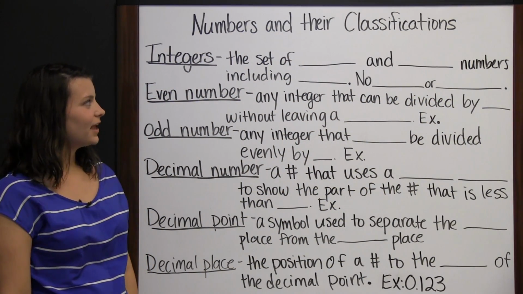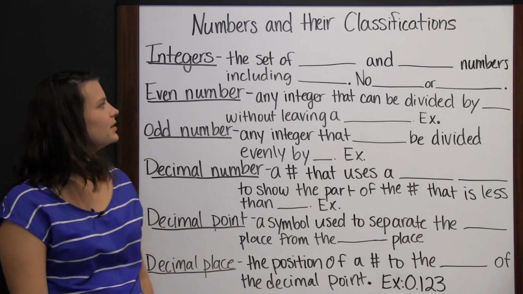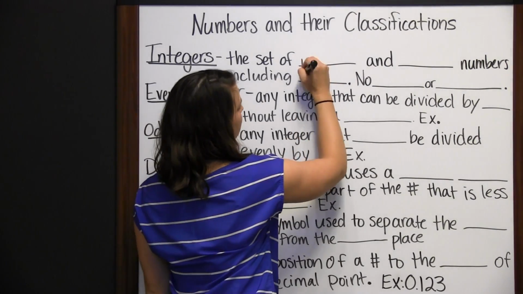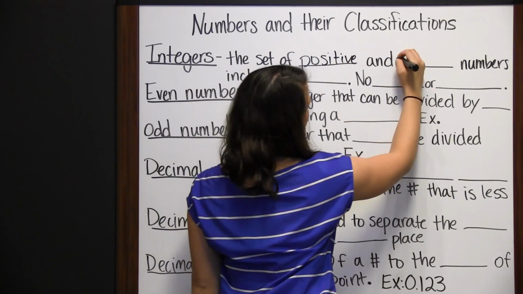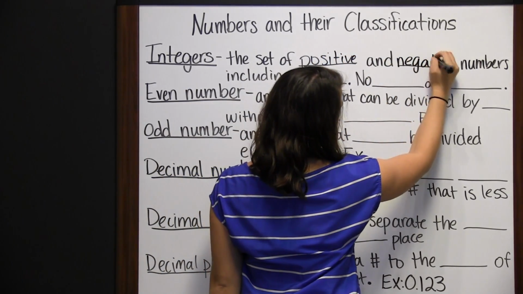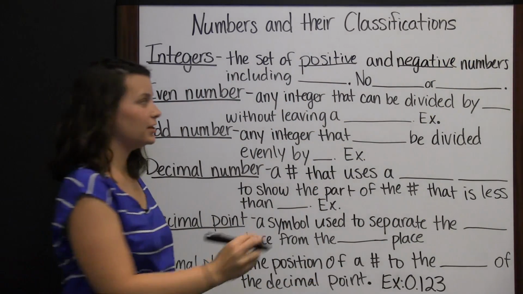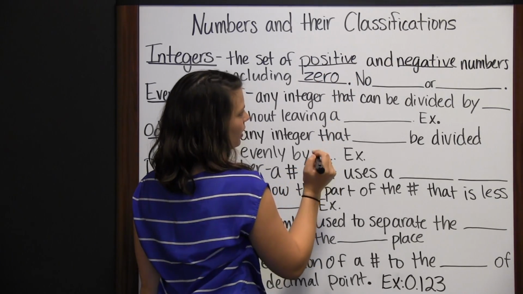Numbers and their classifications. First, we have integers. Integers are the set of positive and negative numbers, including 0, which is neither positive nor negative.